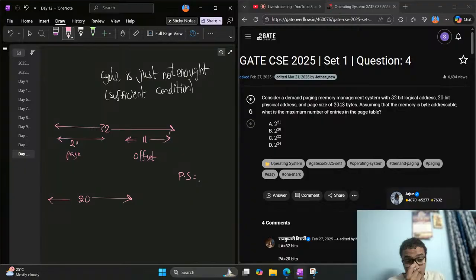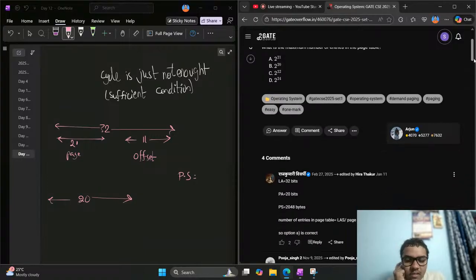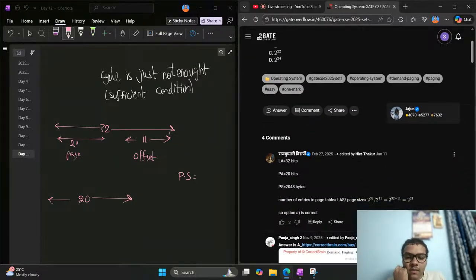Page table is 21 bytes, and page size is, logical address is 28 bits. Page size, okay. Number of entries, right? Total number of possible entries by, okay, 2 power 21.